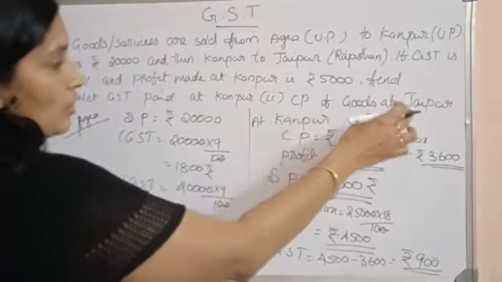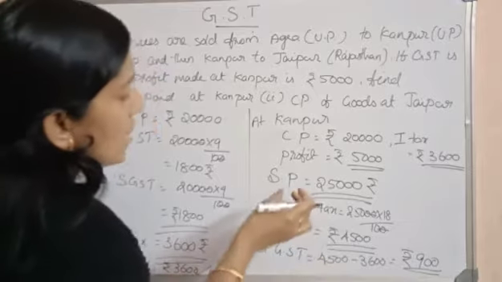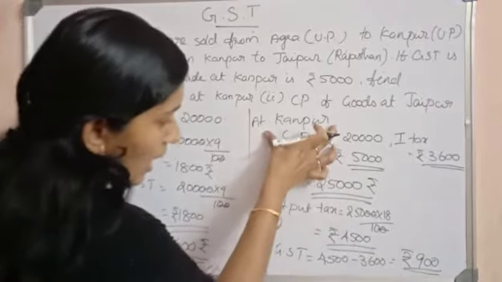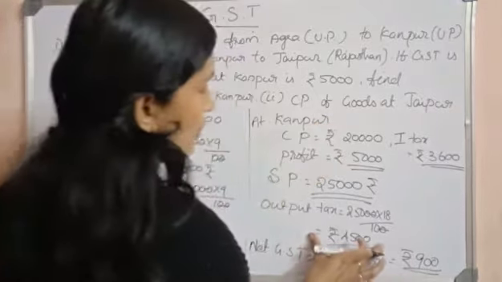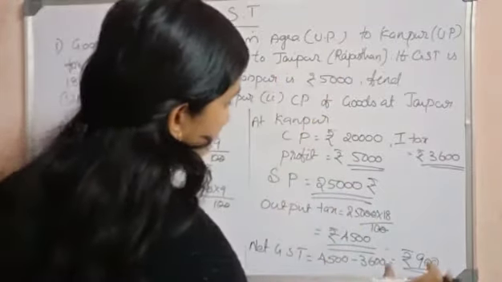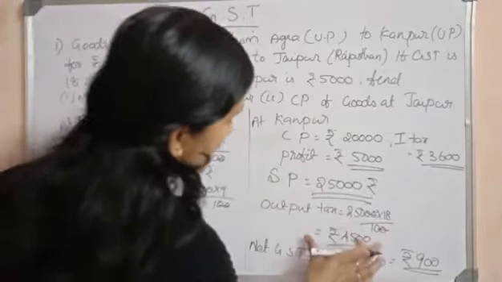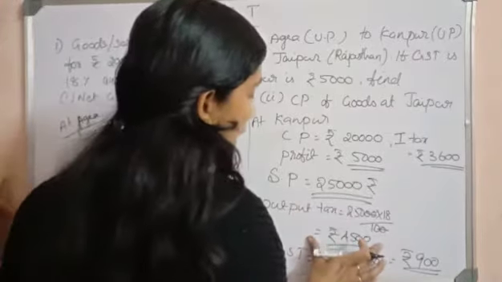The cost price of the goods at Jaipur is calculated by adding the selling price at Kanpur as well as the tax at Kanpur. So from Kanpur to Jaipur, the transaction is taking place. The selling price is 25,000 and the tax paid is 4,500.